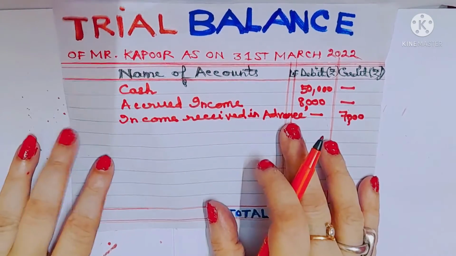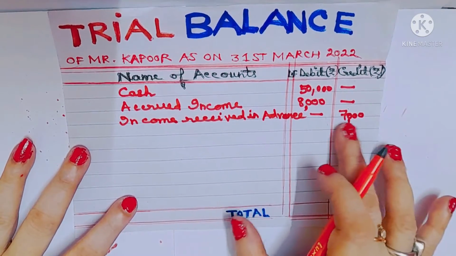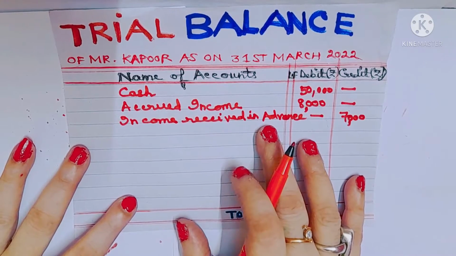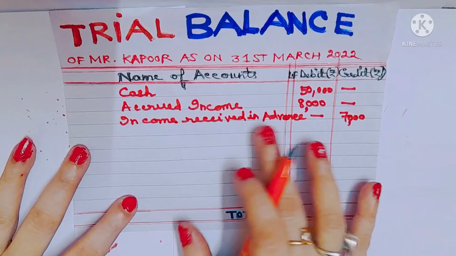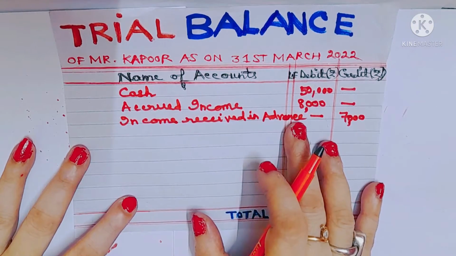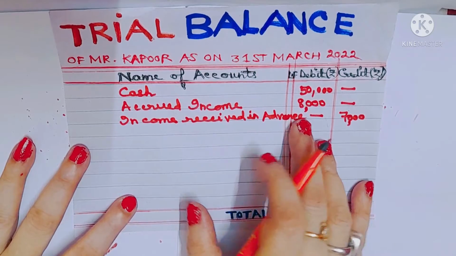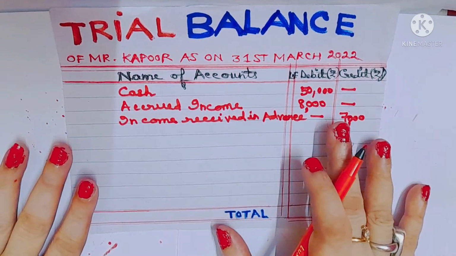Income received in advance is a credit balance. That is the reason we have written 7,000 in the credit column. But why? Because income received in advance falls under personal account. According to personal account, the giver of the benefit is credit. Here, income received in advance is the giver of the benefit. So 7,000 will be credited. Understood? Let's see the next account.